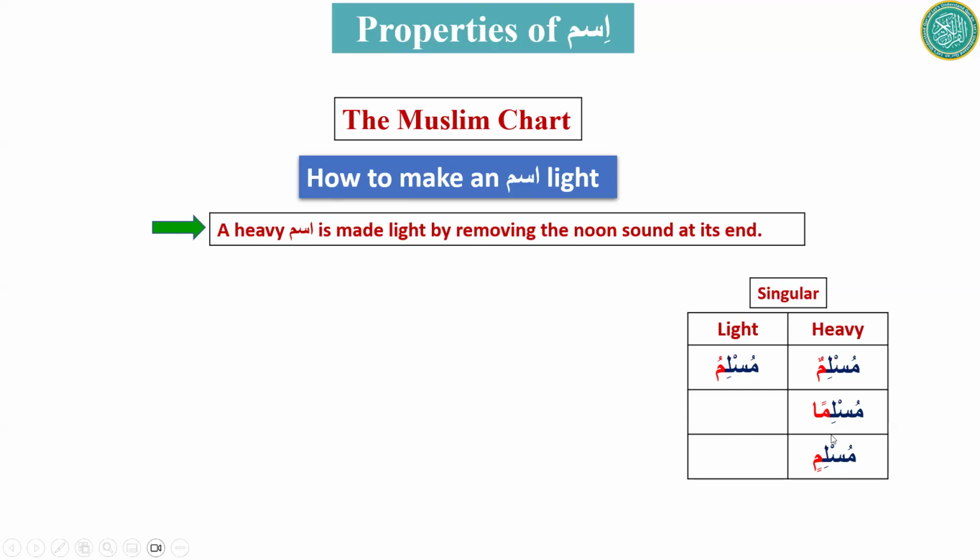Musliman will become Muslima. Now we don't need alif, that's why there is no alif anymore. And Muslimin will become Muslimi. Simple as that. Noon sound is gone and now we have 3 words in light form. Okay, good. Thank you, sister.